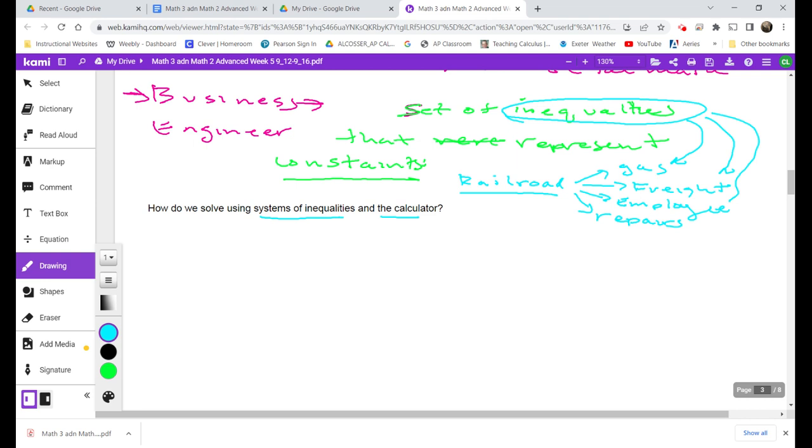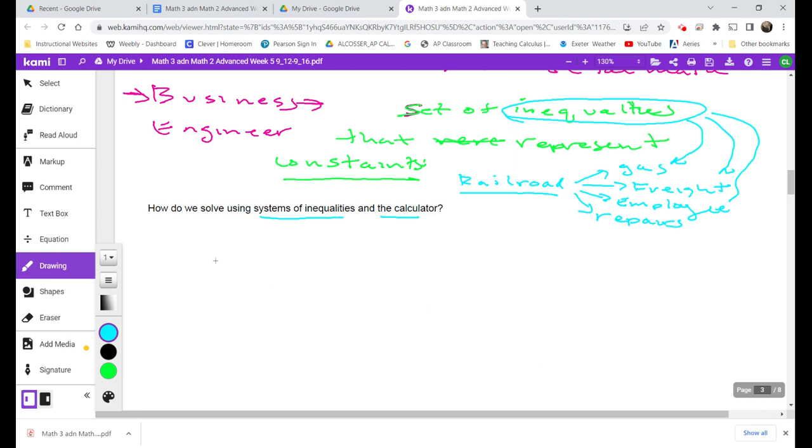Let's just keep it to business so we can talk about profit. So fast food: cost of the food, cost of electricity, cost of water, cost of rent, those types of things are constraints in the way they make a profit. So when we're doing linear optimization or linear programming, we're looking for maximums or minimums to maximize our profit. So that's kind of the idea behind it.